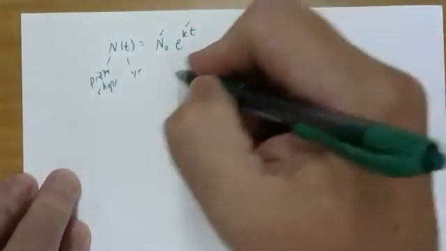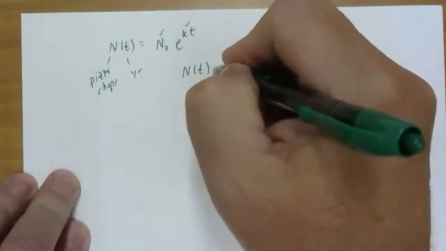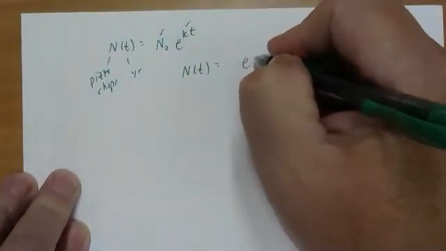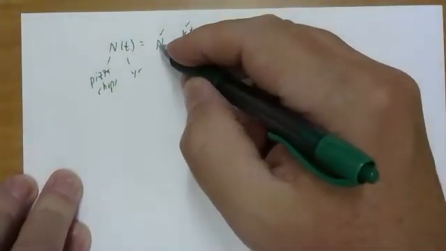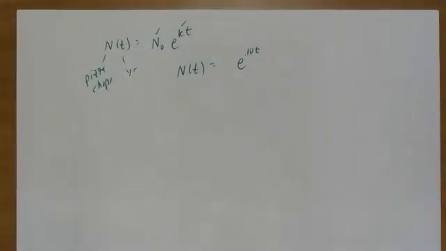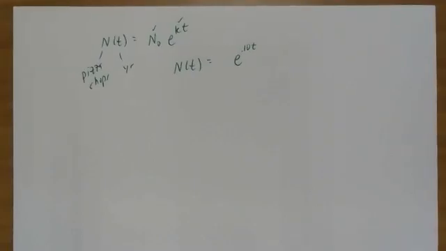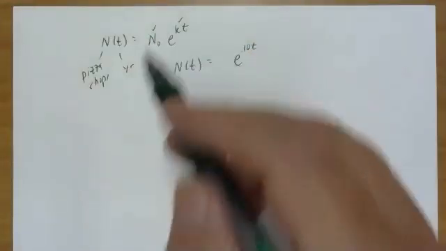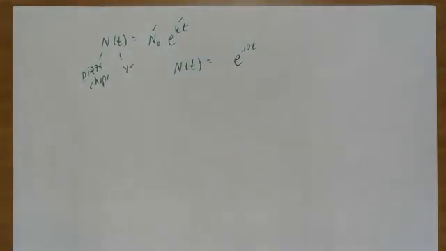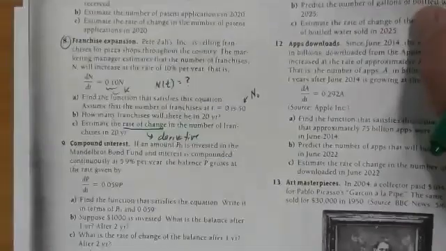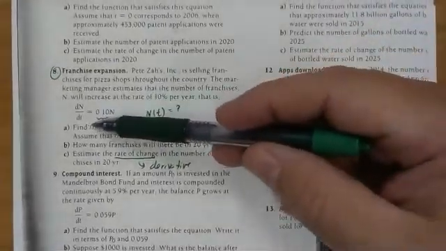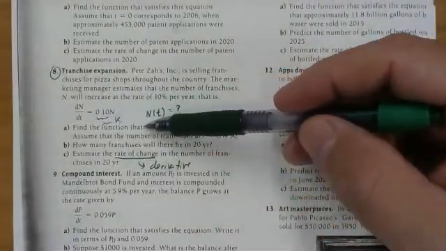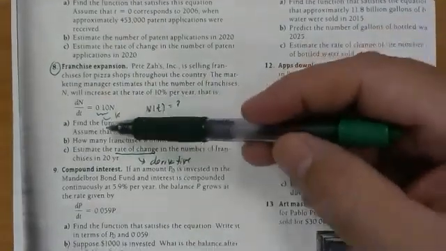So I can start plugging things in. e to the 0.10t. And now I would like to figure out my N naught, right? N naught is the initial condition. In this case, it would be the number of pizza shops at time 0, like when they start keeping track. So let's see if they give us that information. Look at part A. Find the function that satisfies this equation.